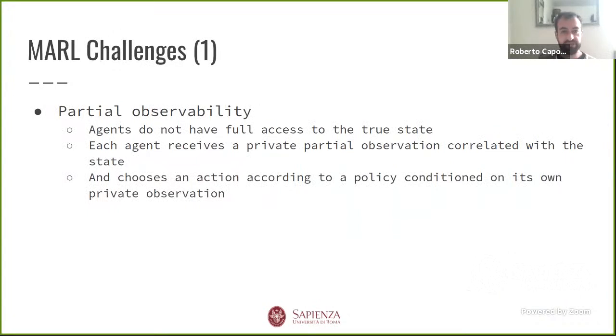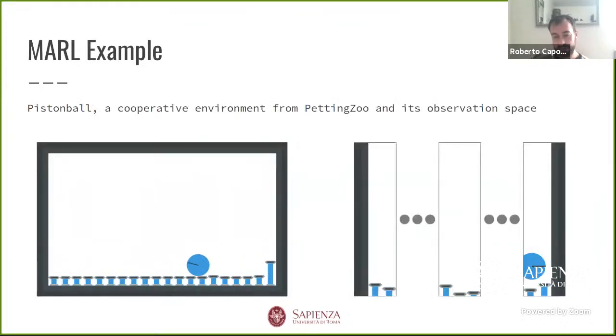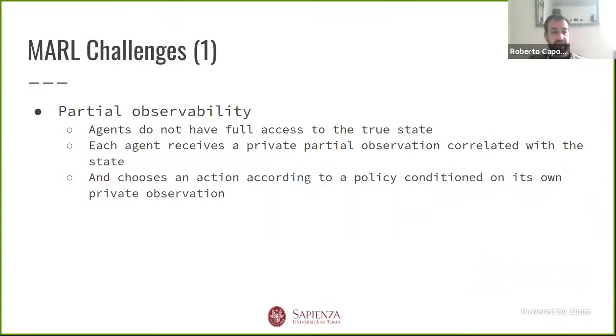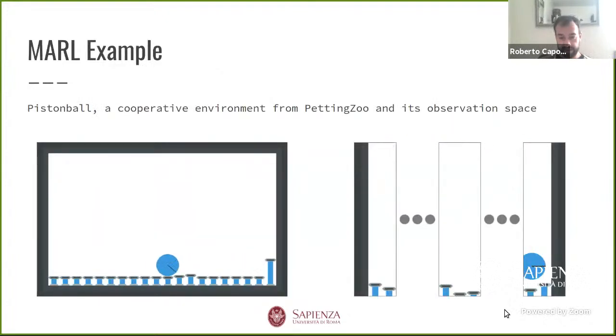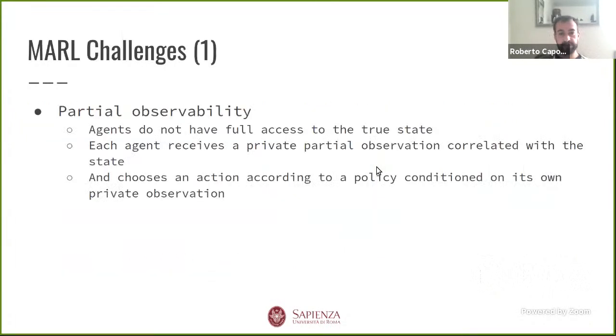So the challenges in multi-agent reinforcement learning are, of course, partial observability, which is exactly what we just said, and this is a clear example of it. Agents do not have access to the true state. They only have an observation, which is limited, and each agent receives a private observation, which is partial compared to the state of the environment.